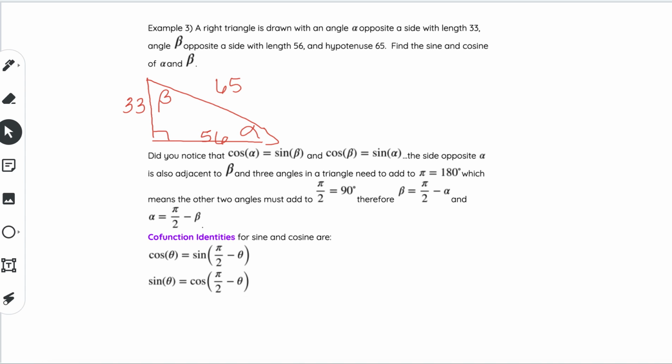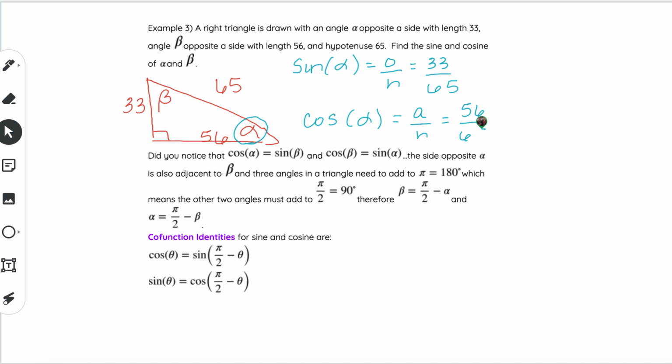Let's find sine of alpha first. So from the viewpoint of alpha, sine is opposite over hypotenuse, or 33 over 65. And cosine of alpha is adjacent over hypotenuse, or 56 over 65.